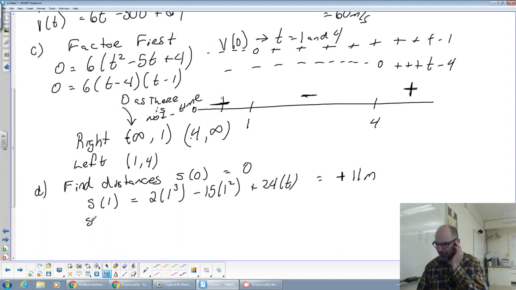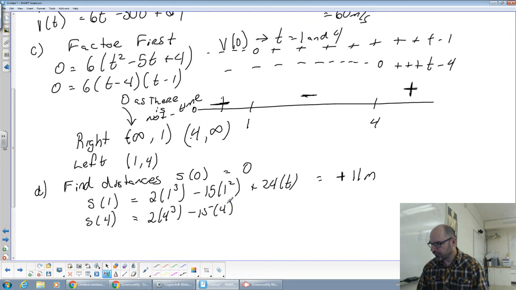Okay, the next one from 0 to 4. So we got to do it at 4. 2 times 4 cubed minus 15 times 4 squared plus 24 times 4, pardon me. Okay, so if we do that one, what do we get here?